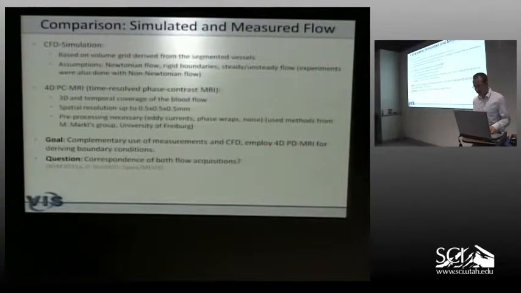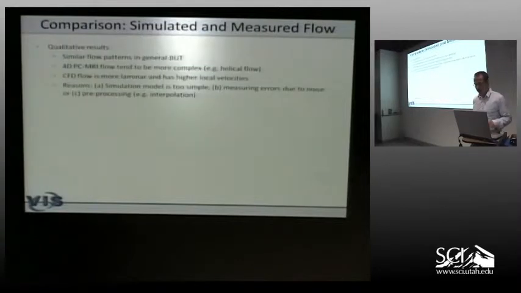So we have investigated how well both correspond to each other, at least for a few phantom studies. The blood flow was measured with the 7 Tesla device at 10 time steps, which should be enough to represent the temporal behavior. It turned out that the flow patterns were quite similar.